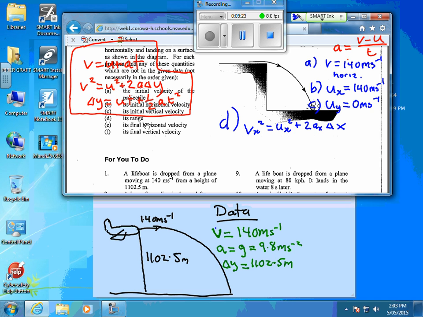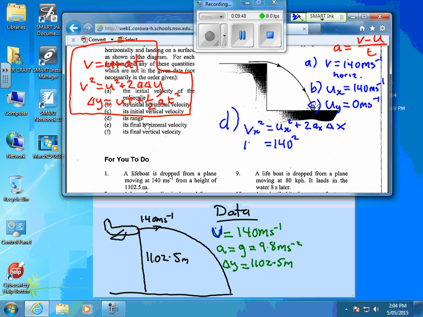So use the initial velocity. That was v, the initial velocity, which also happens to be its u. Yeah, I should write it as u. So when I put this in, ux is 140 squared. Now, what do we know about the speed going sideways? Does it change?